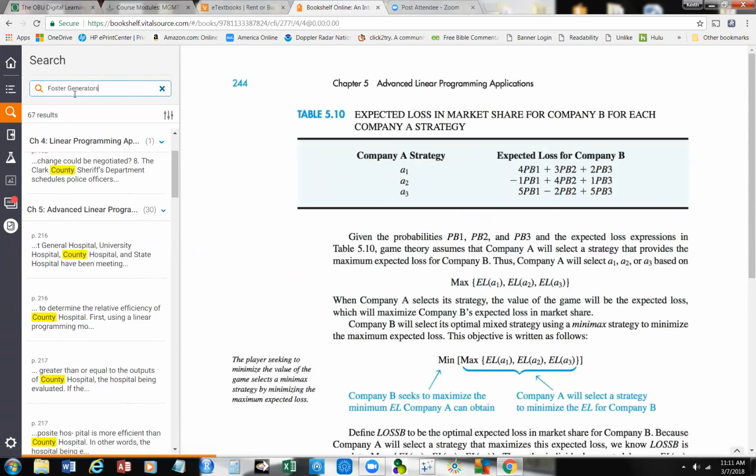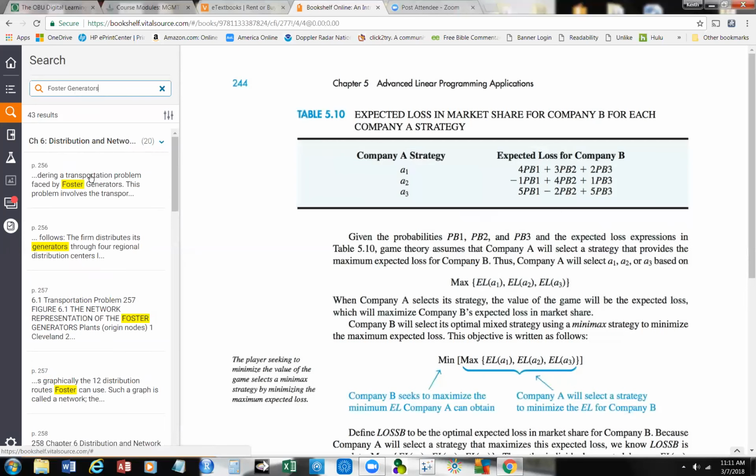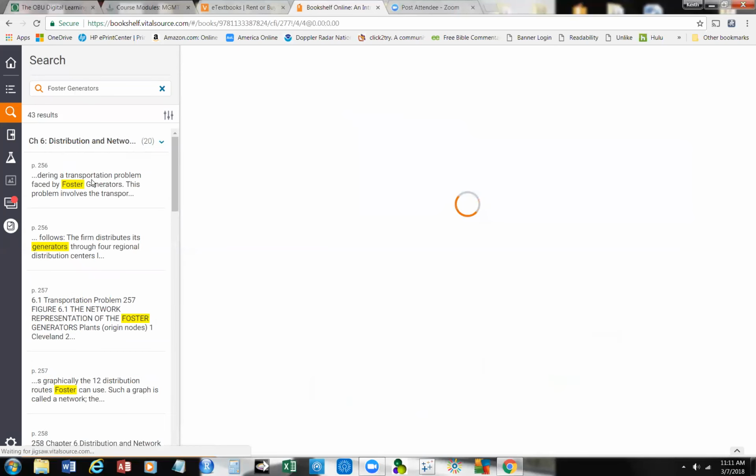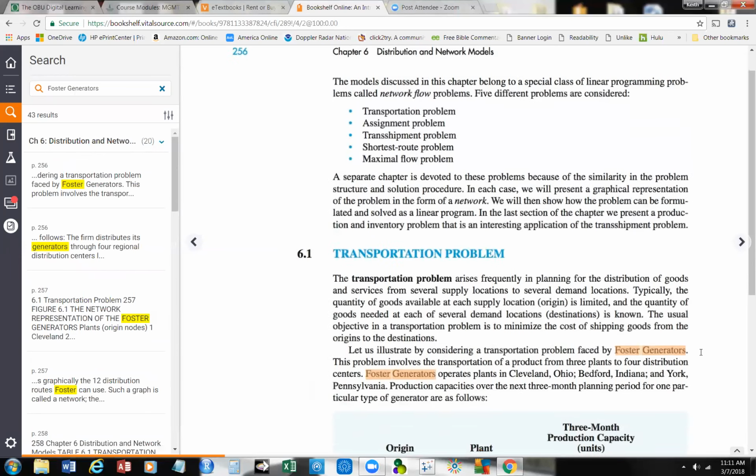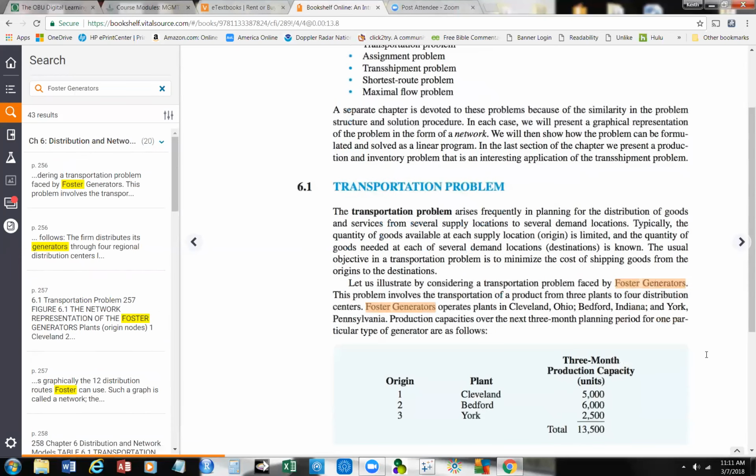Foster generators moves us into a different type of problem. Okay? And this is what we call transportation problems, the movement of things or people, or things and people across space.